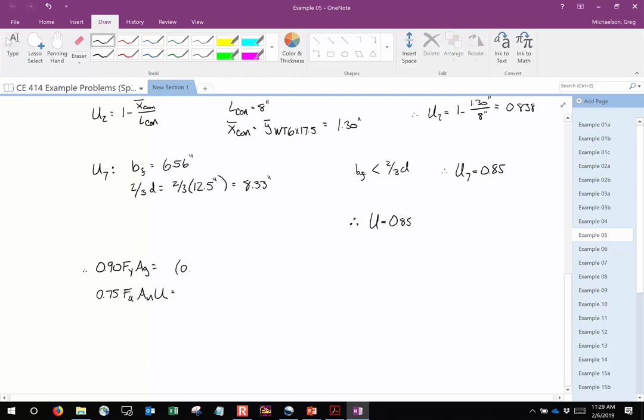So this is 0.9 times 50 KSI times what? 10.3. And this one is 0.75, 65 KSI. And what was the net area? It was 8 point something? 8.22. And then U was 0.85.